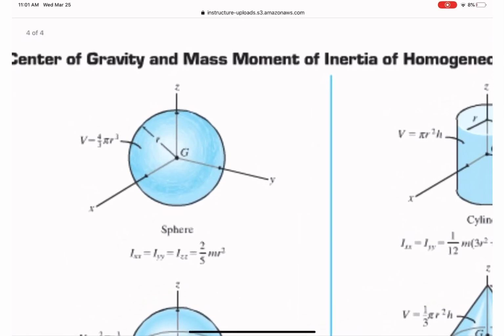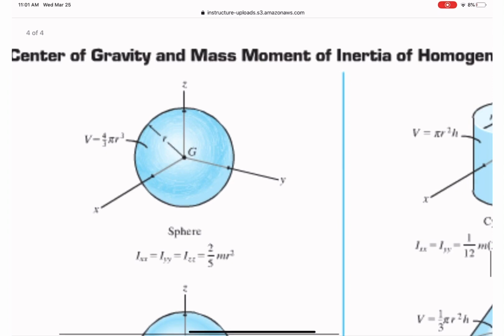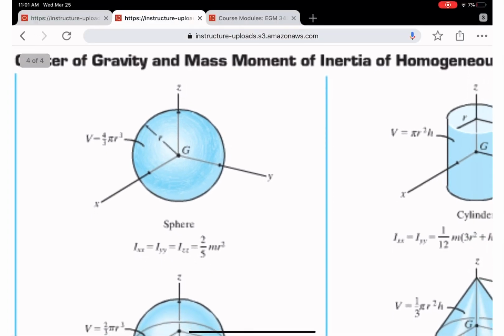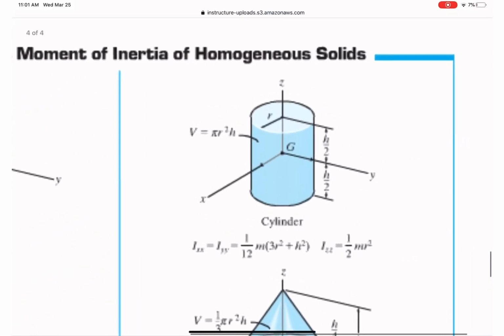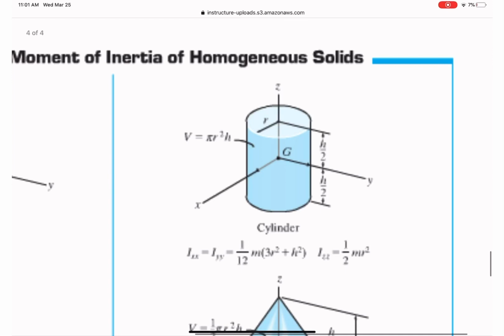So you have different equations for mass moment of inertia. For example, a sphere is 2/5 m r squared, and it depends on the cylinder. As you can see very carefully, they have multiple equations, depending on what axis they go through.